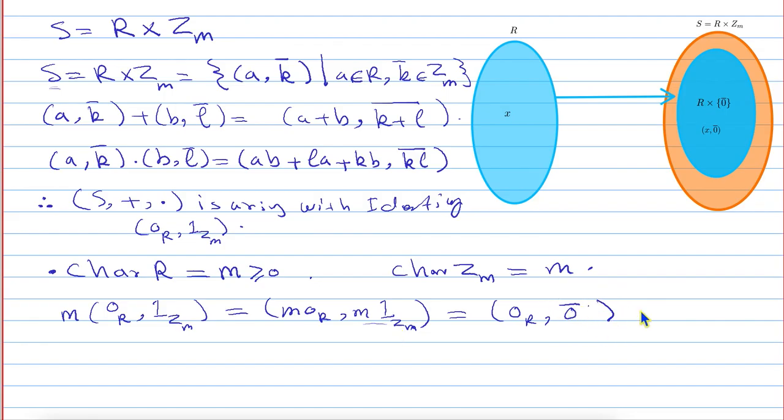So this implies that the characteristic of S equals M. Okay, so it holds. I do not even need to test it with the identity element.